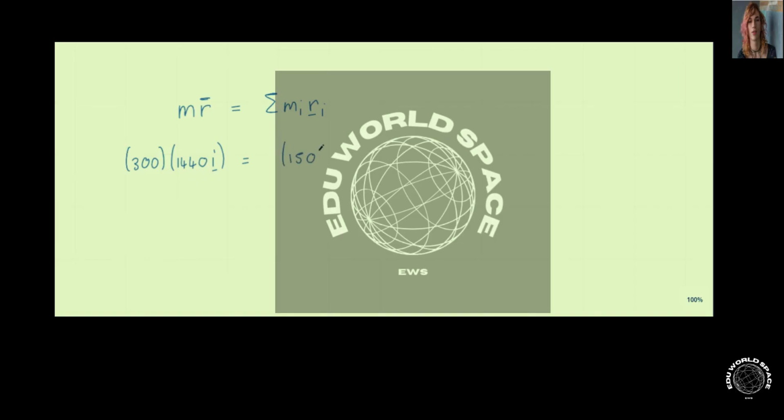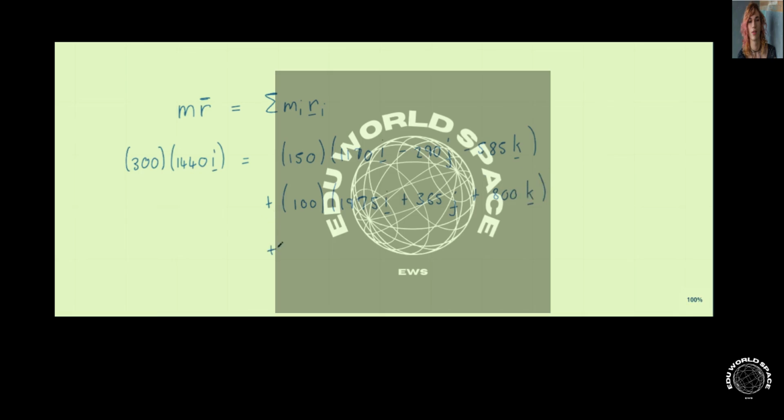So this is m_A times its position vector, 1170I minus 290J minus 585K, plus the mass of the second fragment, which is 100 kg, multiplied by its position vector, 1975I plus 365J plus 800K.